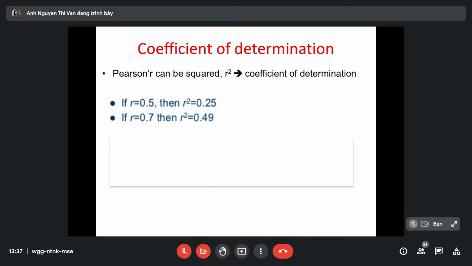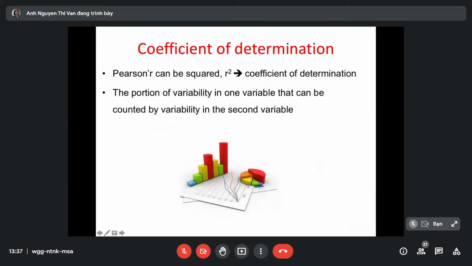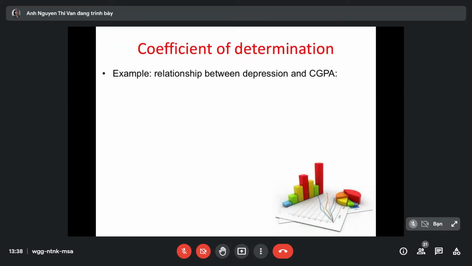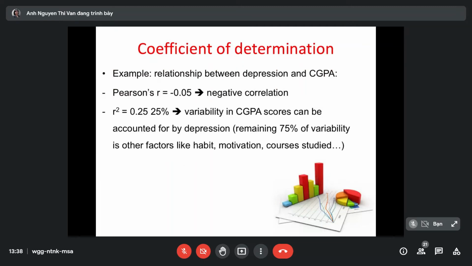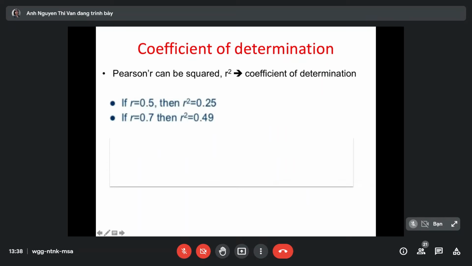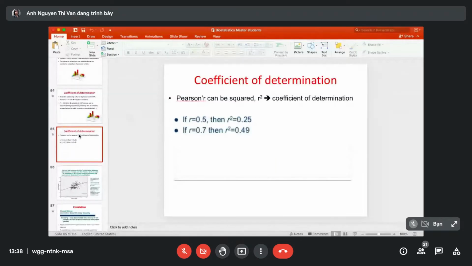When R is 0.5, for example, R square is 0.25. Oh, let me check. I think here I have a mistake.